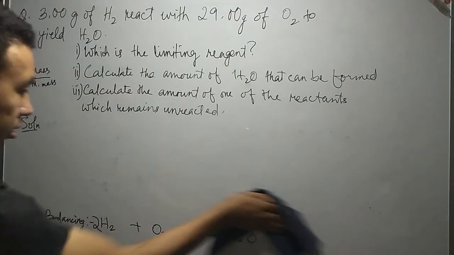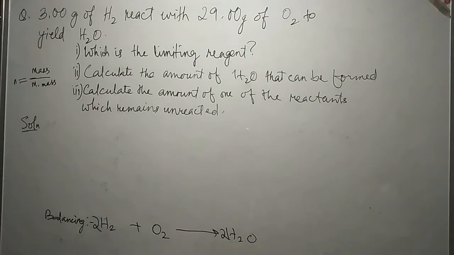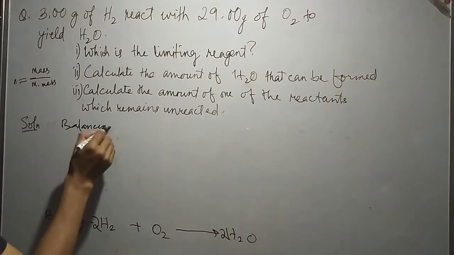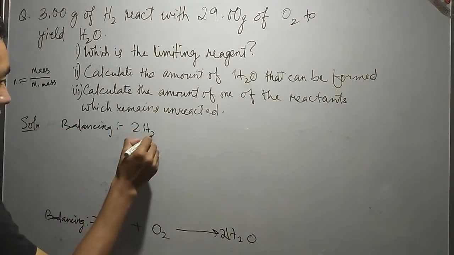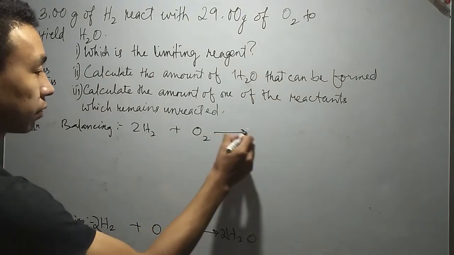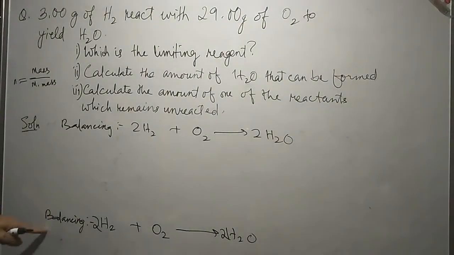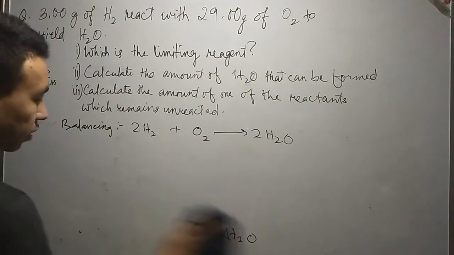What I'll do is write the same equation here. So, balancing: 2H2 plus O2 gives 2H2O. I'm writing this one on top because I don't have space.